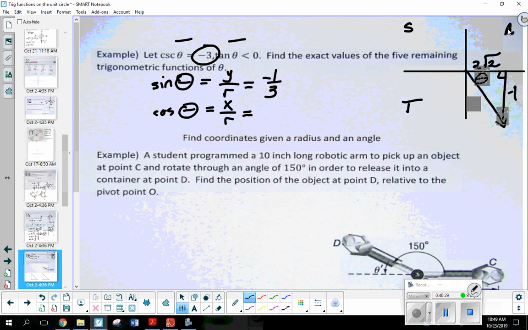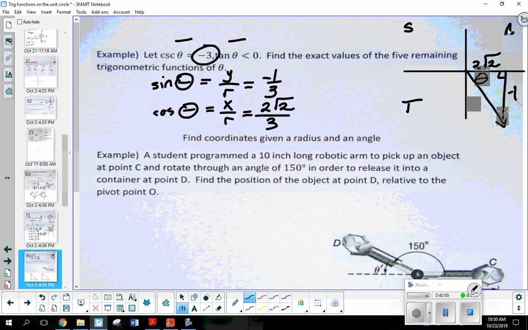Oh, not just -3. I want the x length divided by the radius length. So what was the horizontal x value we found? 2 square roots of 2. And what were we given the radius to be? 3. And do I have to simplify or rationalize or anything? No, that one's good to go.